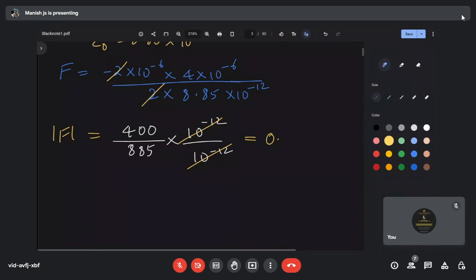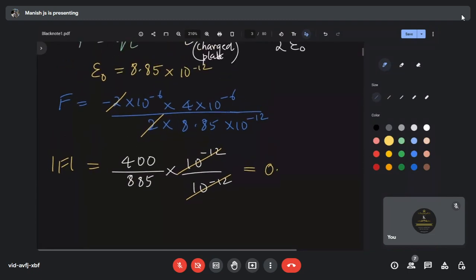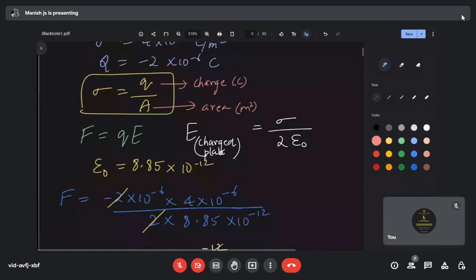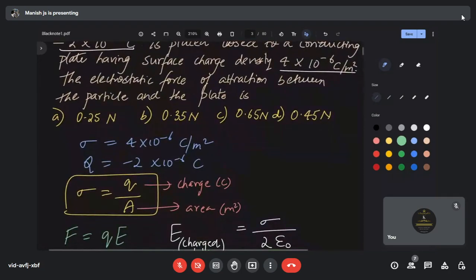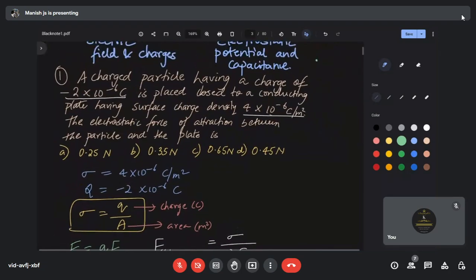In competitive exams, 0. No, I am getting 0.45. Check. It will be 0.451. Yes sir. If you approximate this, it is 0.45 newtons. So the correct answer is option D. Option D is correct.